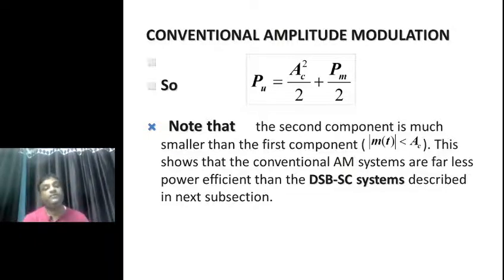Our information is available in Pm, so we can easily suppress Ac square upon 2. It means we are able to save half of the power. That's why we prefer double sideband suppressed carrier instead of the double sideband system.